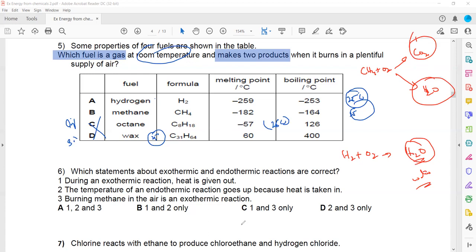That is why it contains carbon and hydrogen. When carbon is burned, it produces carbon dioxide, and when hydrogen is burned, it produces water. So because methane, CH4, contains carbon and hydrogen, combustion will produce water and carbon dioxide.